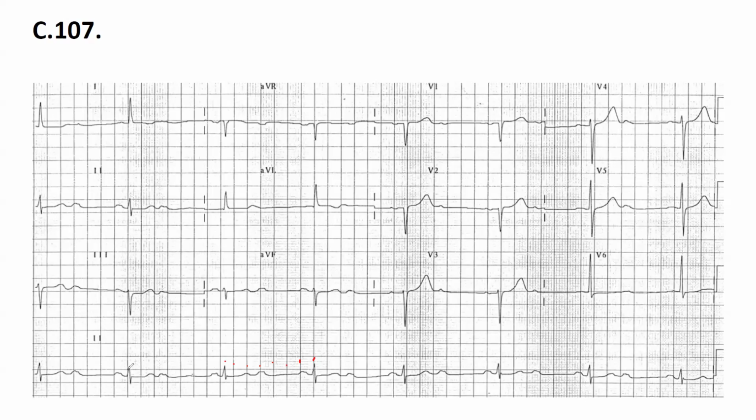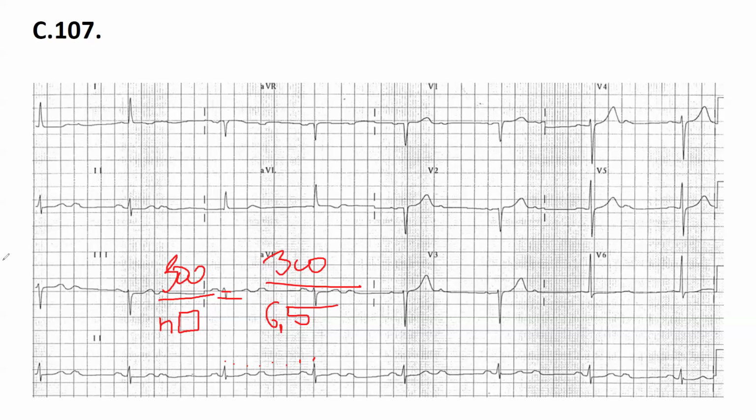Next, you have to figure out the heart rate. Because it's rhythmic, you can use 300 divided by the number of big squares, that means 300 divided by 6.5. That's it, and this is what I said, it's less than 50. Good.